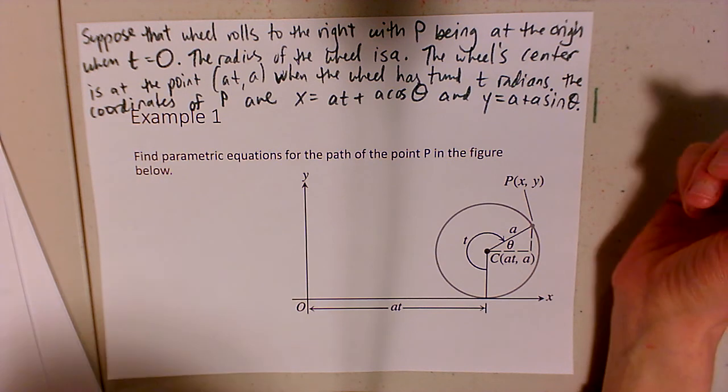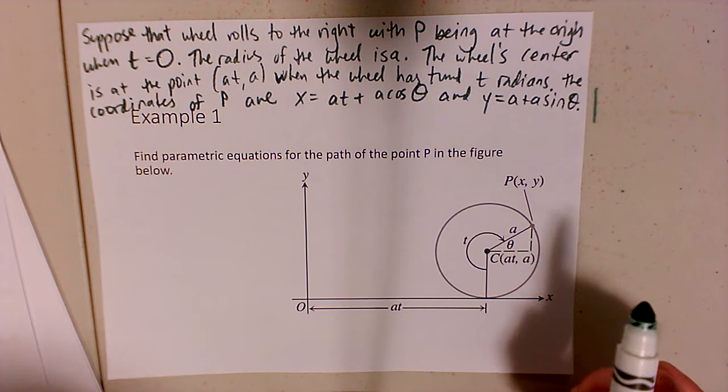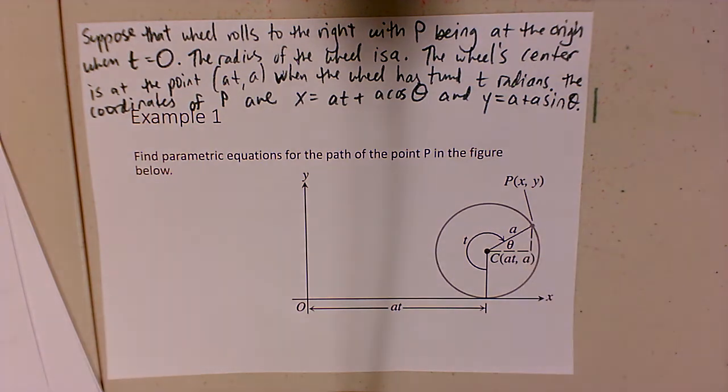So now ultimately what we want to do, they're asking us to find parametric equations. So we want to find some equations where at the end the only variable that we have in our equations on one side of the equal sign is going to be our parameter. And in this case we can use t.